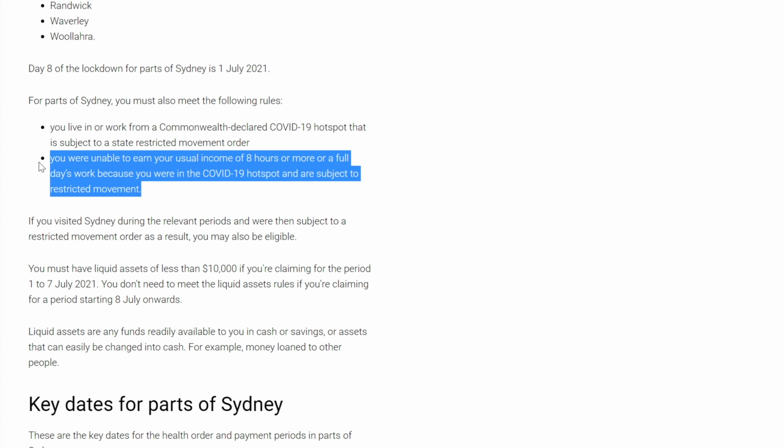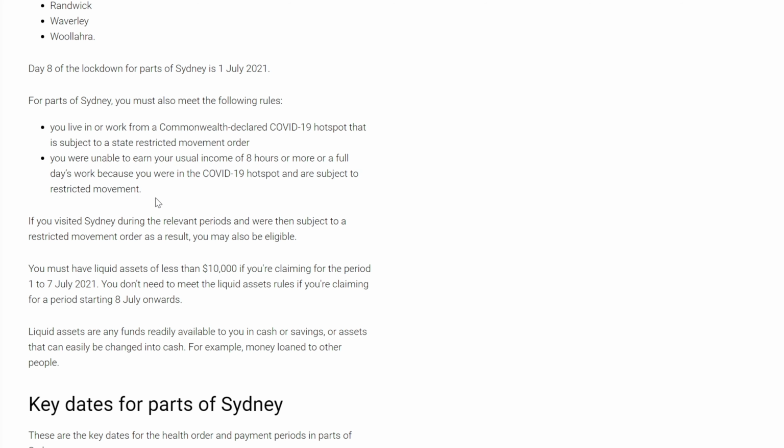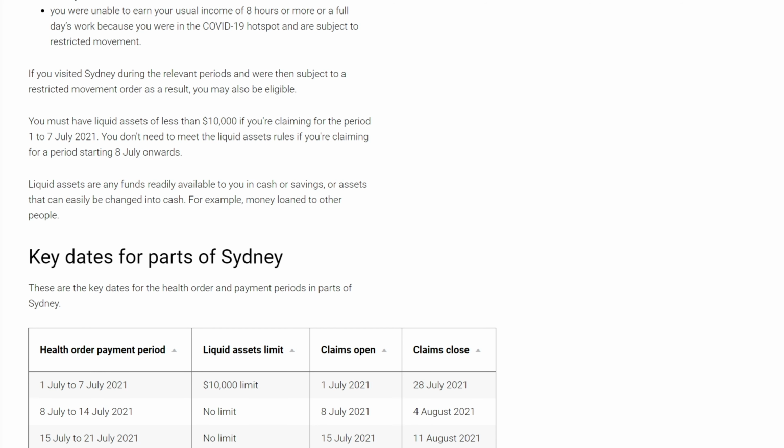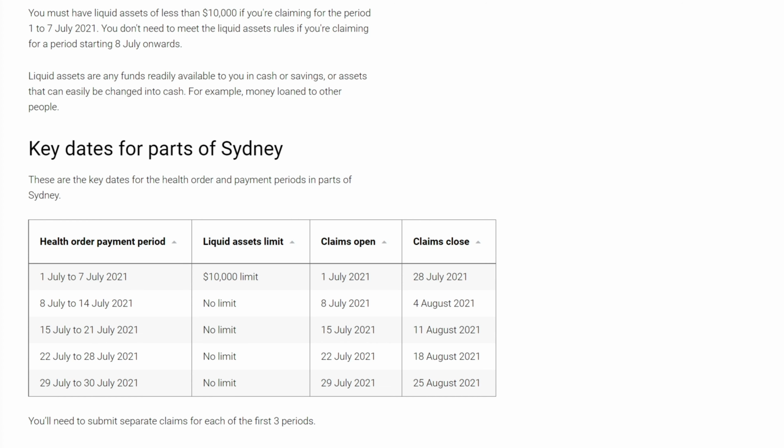So if your employer asks you to not come to work or stands you down, or you have to stay indoors due to the stay-at-home order and you're unable to go to work, then you can apply for this relief. Now if you're applying for the disaster payment for the period between 1 to 7 July 2021, you'll also have to have liquid assets less than 10,000, and you do not need to meet these liquid asset rules if you're applying for disaster payments starting 8 July onwards.